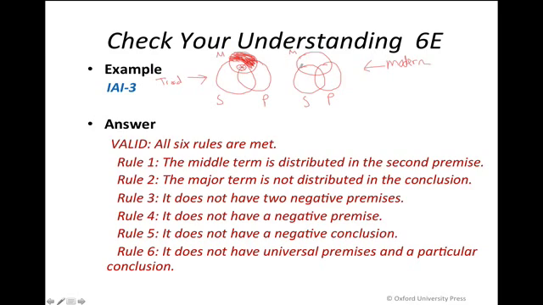On the modern interpretation, all we do is shade the M, the area of the M class that's outside the S class, and we don't do anything else. Premise 2 says some M are P. So since this area is shaded, we need to put an X here.